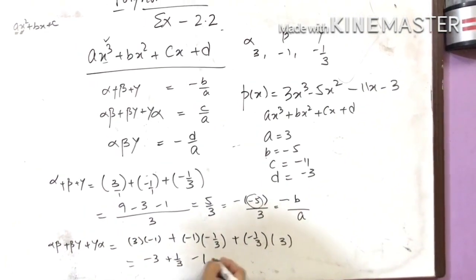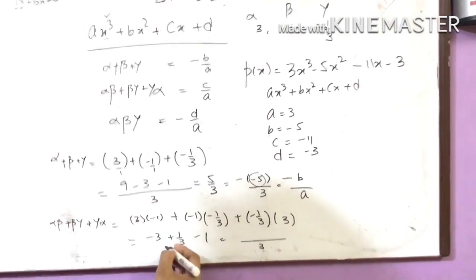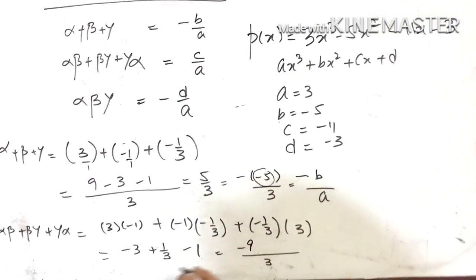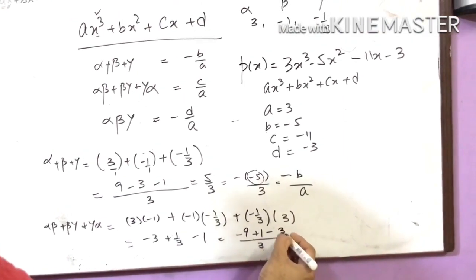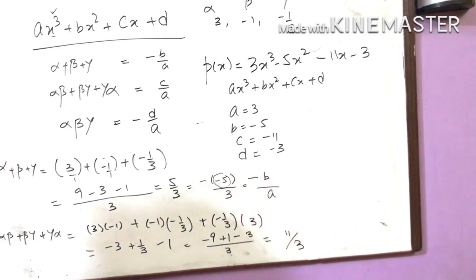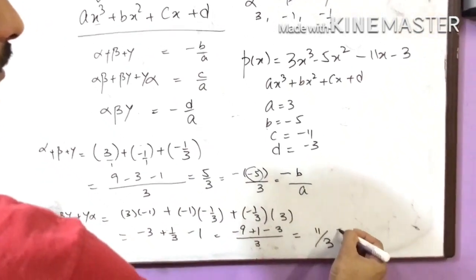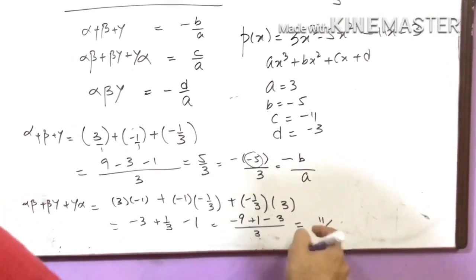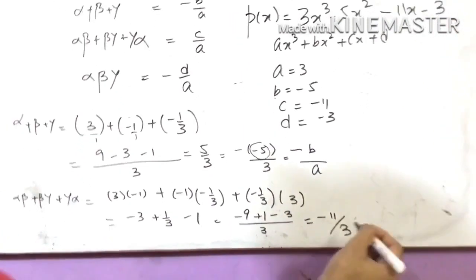These three will cancel. You will get minus 11 by 3 because 9 and 3 minus 12. So my plus 1 minus 11 by 3.